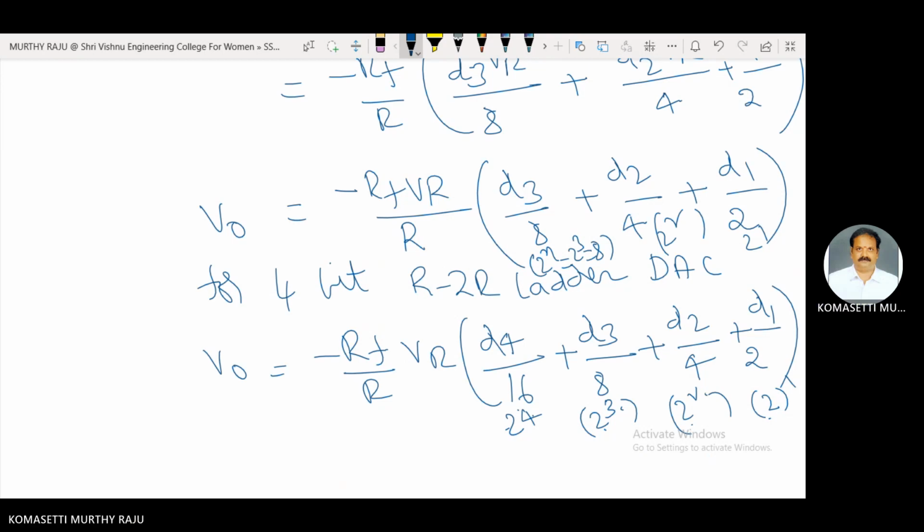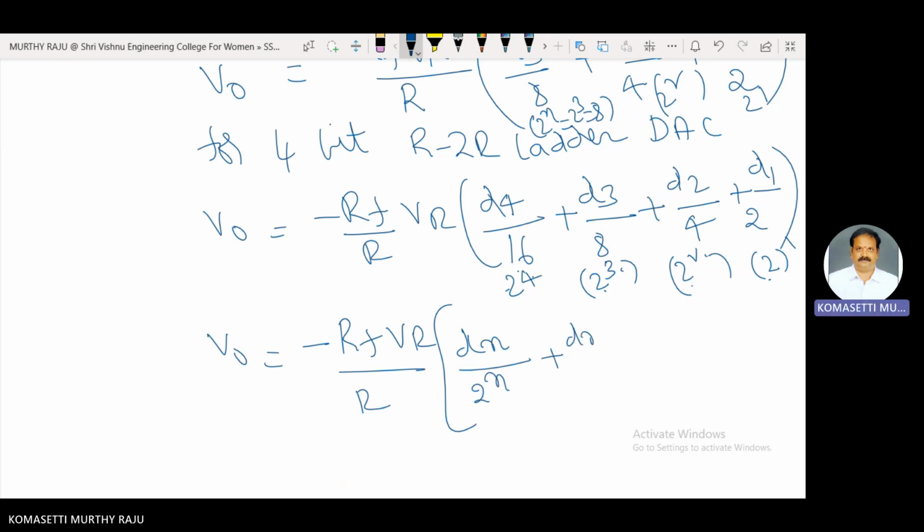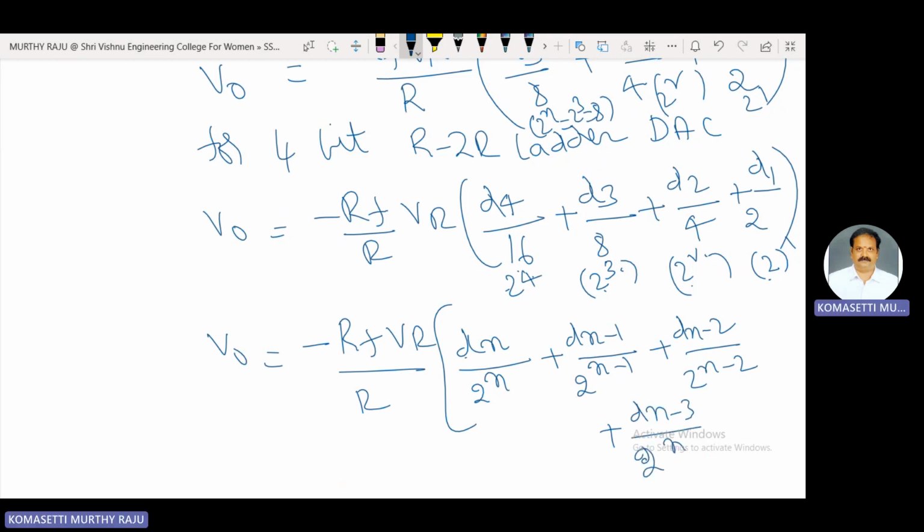The final output voltage V0 is equal to minus RF into VR by R times dn by 2 power n plus dn minus 1 by 2 power n minus 1 plus dn minus 2 by 2 power n minus 2, dn minus 3 by 2 power n minus 3, and so on.